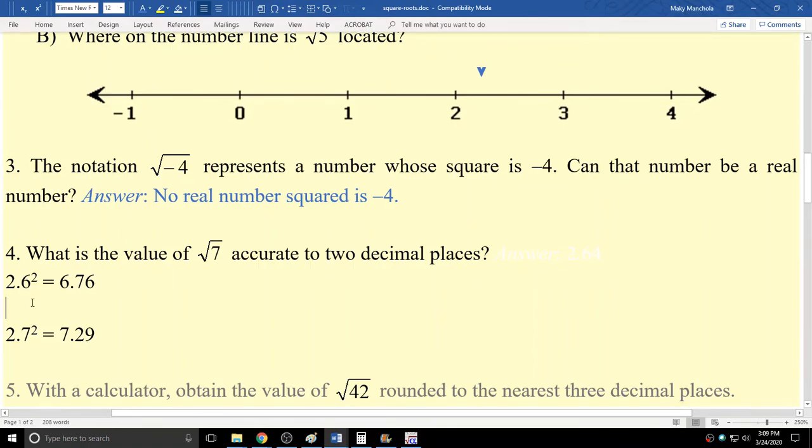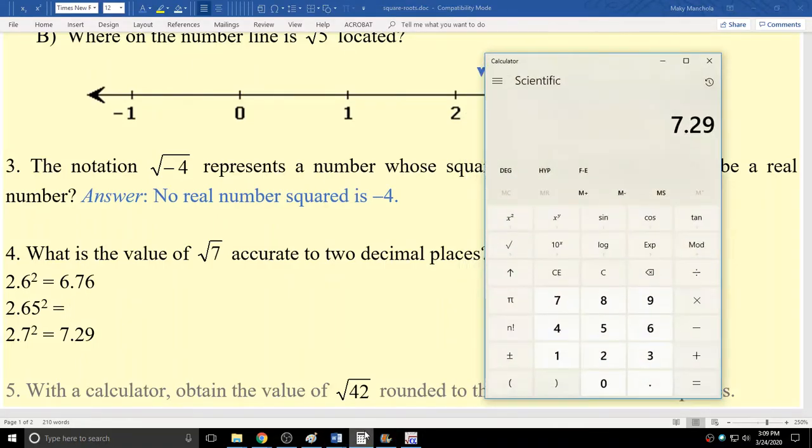You can try now something like 2.65. Square that. What is 2.65 squared? It's 7.0225.